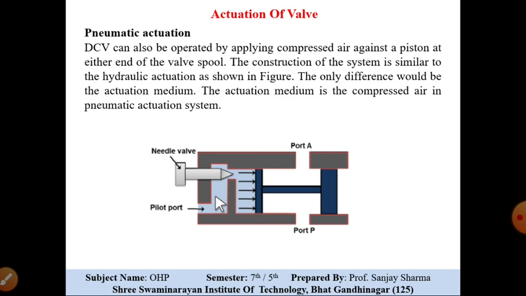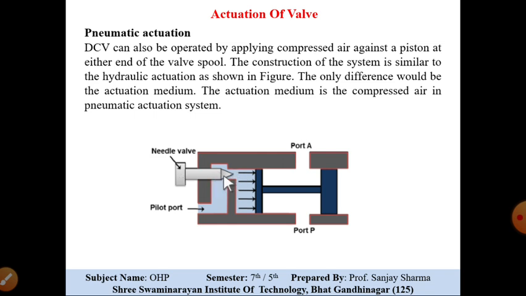In hydraulic actuation, pressurized oil is supplied through the port and flow is controlled with the needle valve. But in pneumatic actuation, the compressed air is allowed to flow through this port, and the discharge of air is controlled with this needle valve.